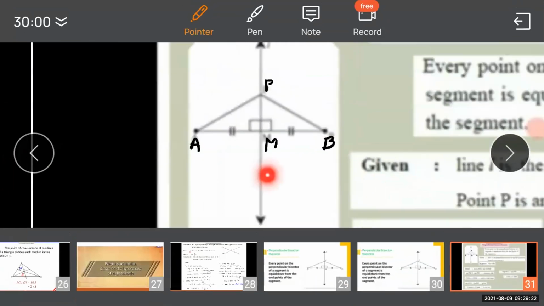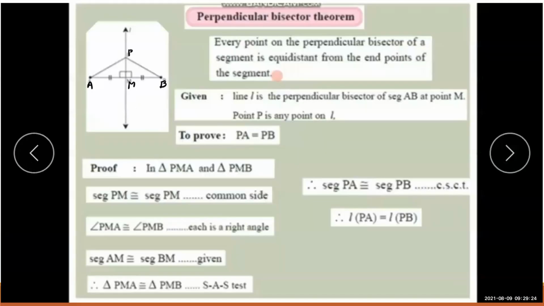Now, as the triangles are congruent, their corresponding sides will also be congruent. So we can write segment PA congruent to segment PB, as those are corresponding sides of congruent triangles. CSCT, corresponding sides of congruent triangles.